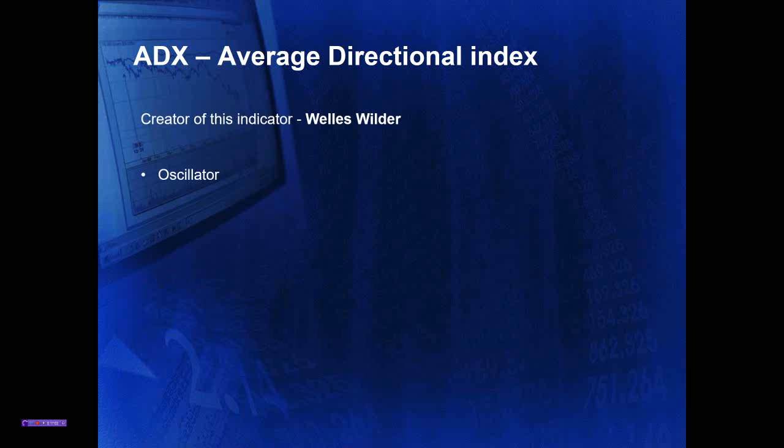Actually, it's an oscillator, a range oscillator. It has a lower boundary and an upper boundary, and we are going to look for some levels that are really interesting for us, at least they were for Wilder, to introduce them as the mechanism for how the ADX is actually going to be used.